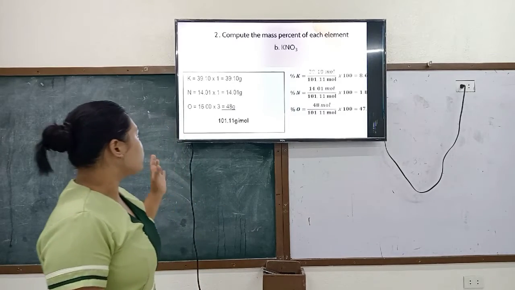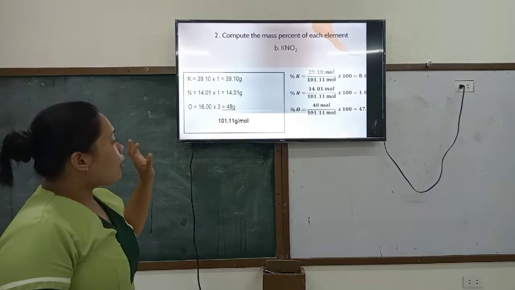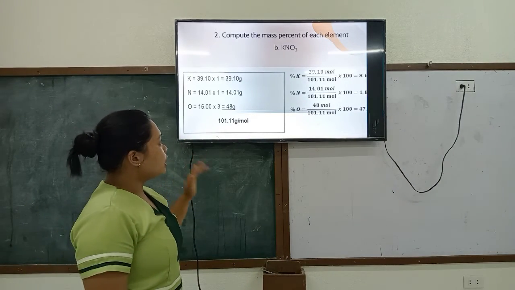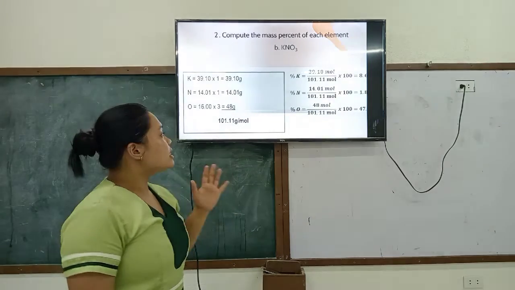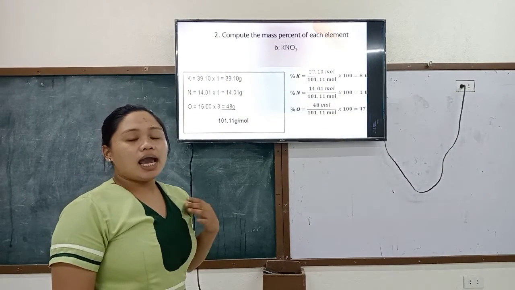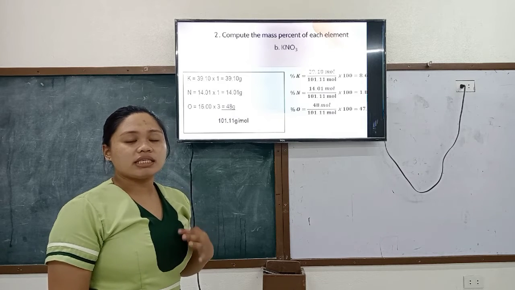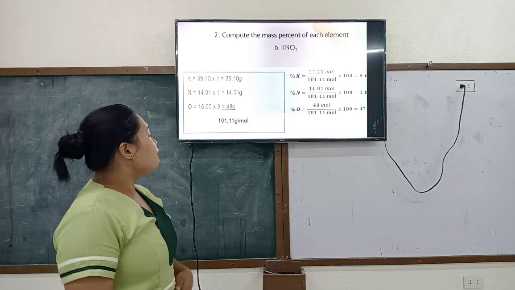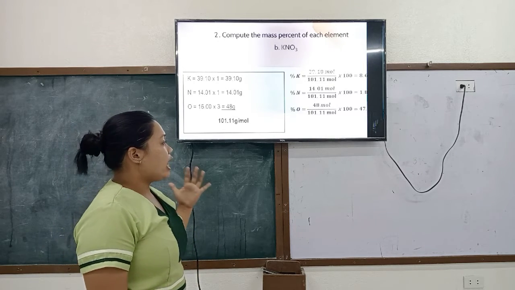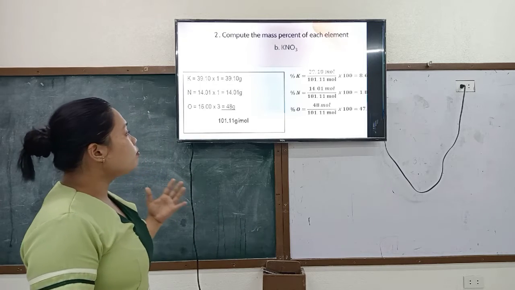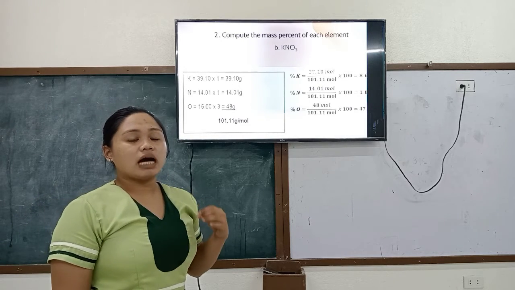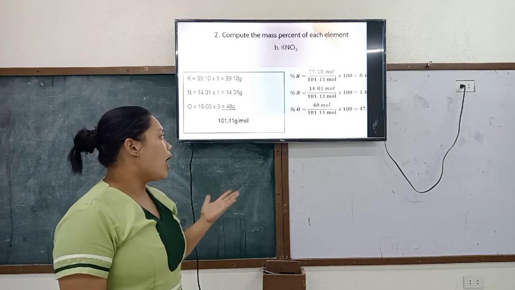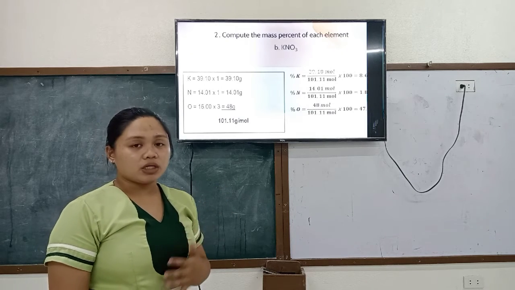So since we have our given problem, we have to substitute to our formula. Let us start with potassium. So our percent of potassium equals 39.10 over 101.11 times 100 equals 38.67%. And for our nitrogen, we have to substitute, which is 14.01 over 101.11 times 100 equals 13.86%.